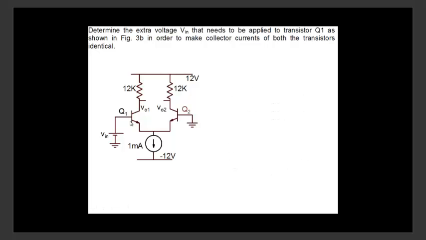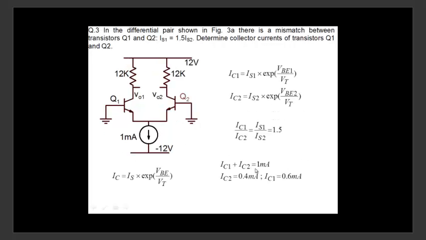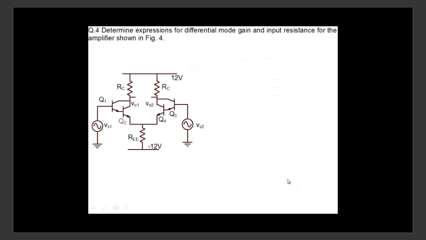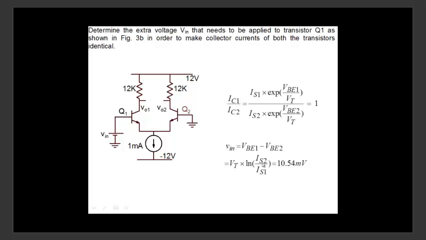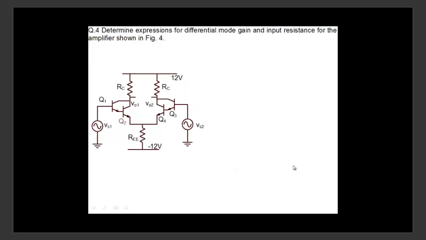You are right, Vin1, IC1 is larger, 0.6 as compared to this, so I have to apply a negative voltage here. Yes, it must be minus here. This should be minus 10.5. Correct. All right, so coming back to this, note that it is symmetrical.